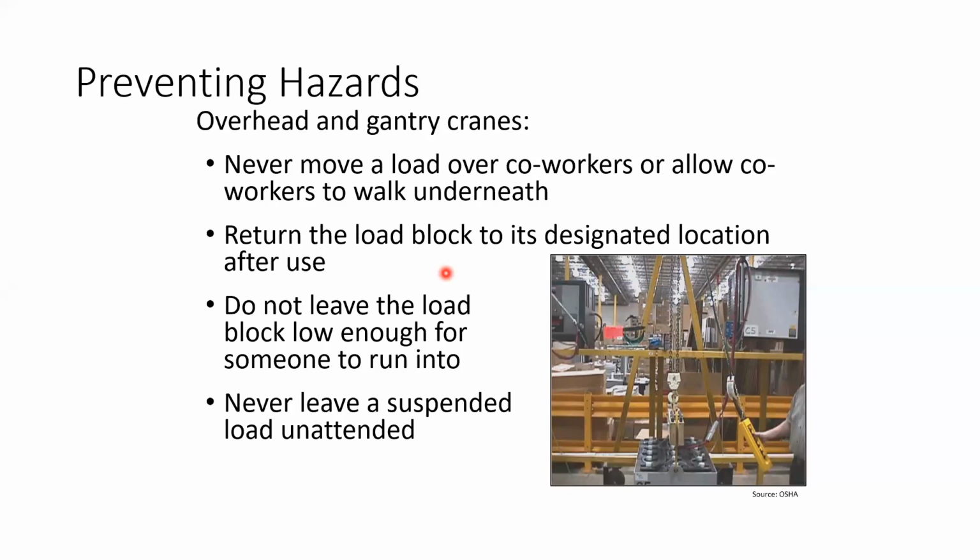You have 5 hierarchy of controls. I want to remind you: elimination, substitution, engineering control, administrative control, and PPE. All of these four steps for preventing the hazards of overhead or gantry cranes relate to only one control. What is this?